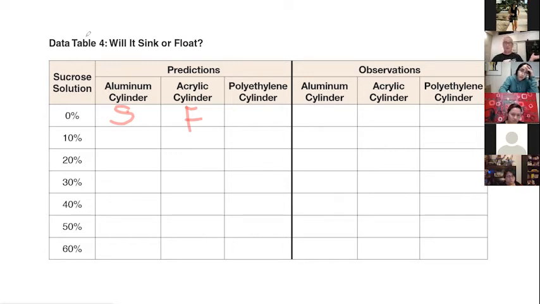If it displaces more water than its own actual mass, it'll float. So it could be that the shape of these has any effect, I don't know, to be honest, but we will see. But don't feel bad if you predict that something will sink and it doesn't, or the other way around, because the shapes of these things do affect whether or not they sink or float. So don't freak out if you're wrong about some of these.